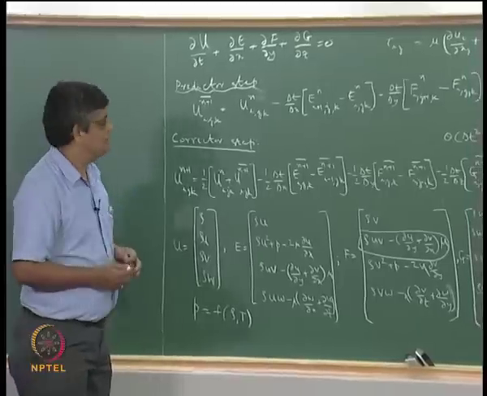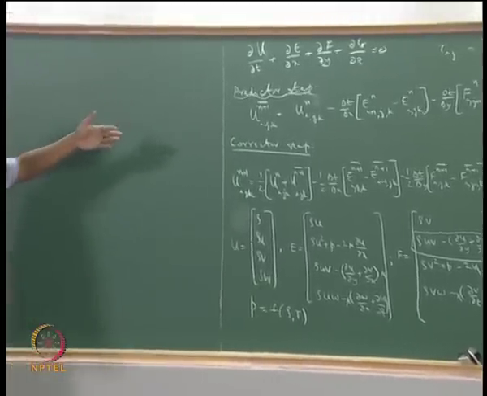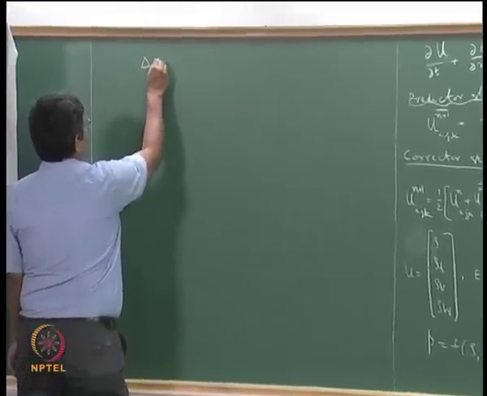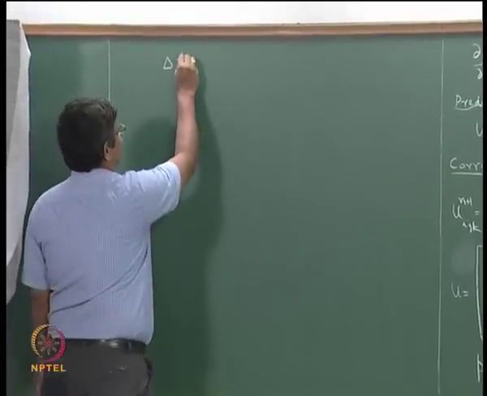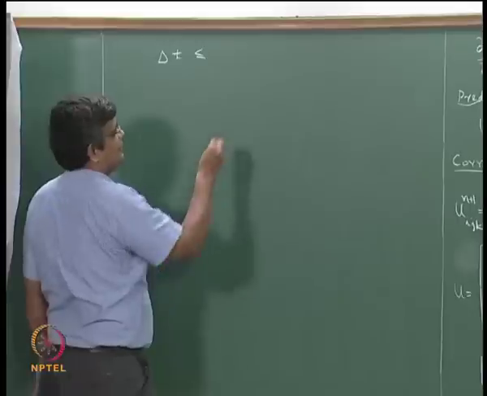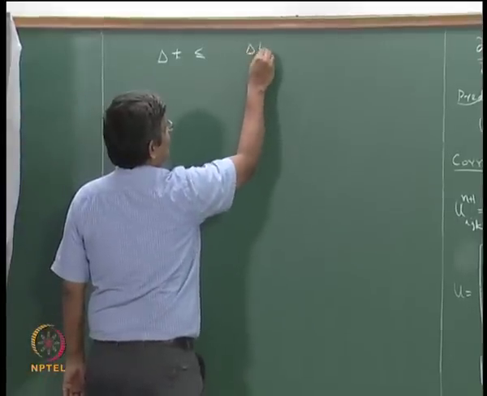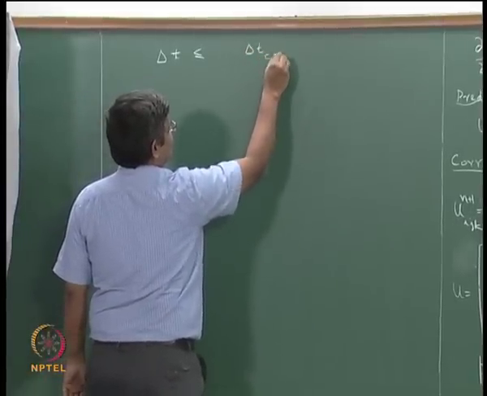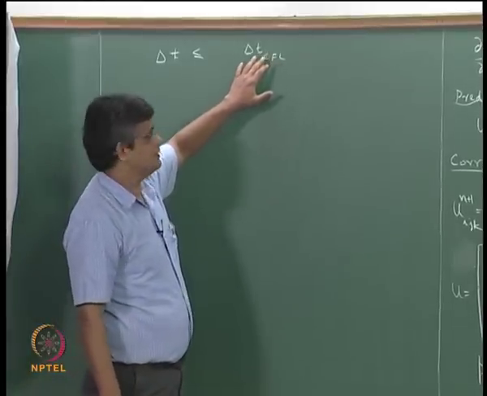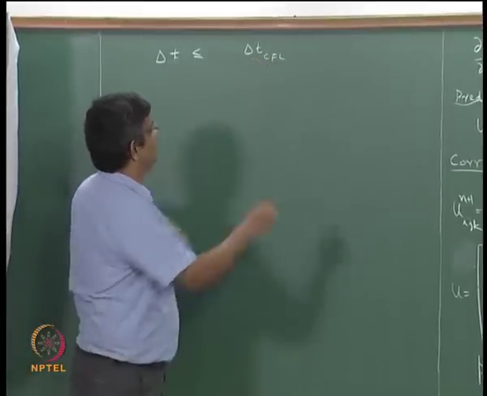Okay, so from this one can only, in a semi empirical way, write down a stability condition, and the stability condition for this is expressed in the form of delta t, the time step, should be less than delta t CFL. So that is the Courant-Friedrichs-Lewy limit. This is in the case of inviscid flow.